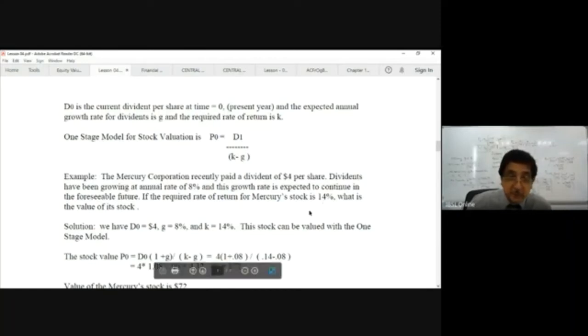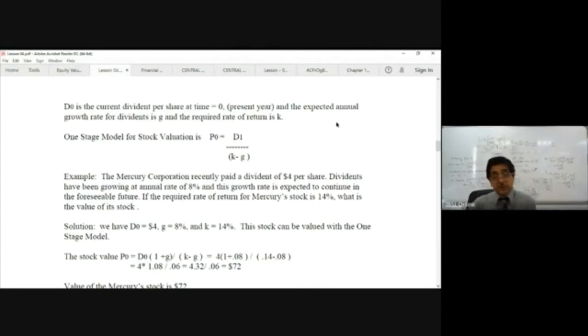Now we can go to an example. The Mercury Corporation recently paid the dividend of $4 per share. Dividends have been growing at annual rate of 8%, and this growth rate is expected to continue in the foreseeable future. If the required rate of return for Mercury stock is 14%, what is the value of its stock?